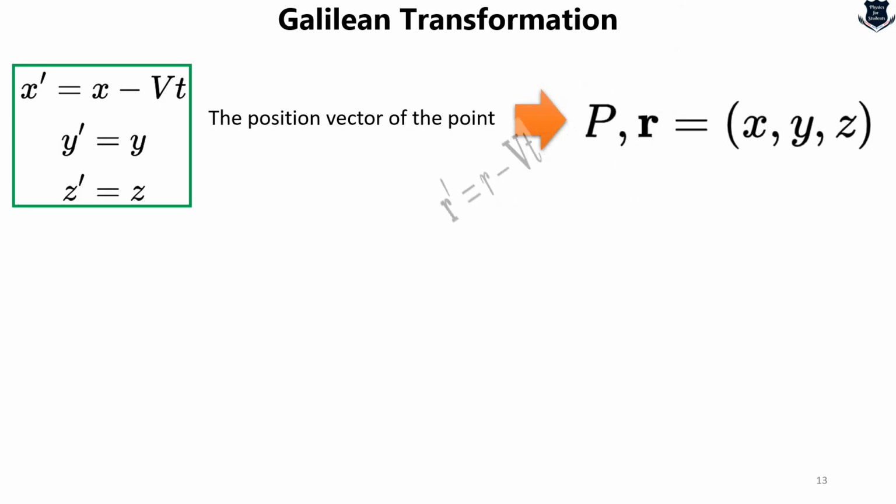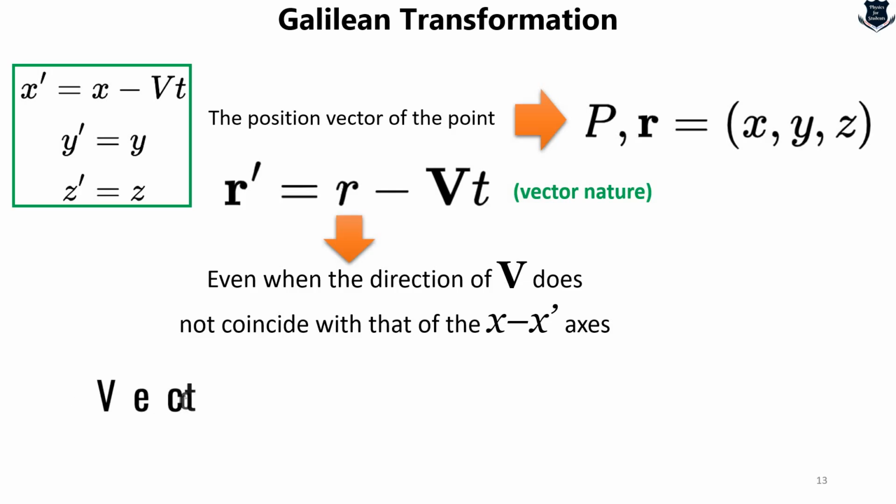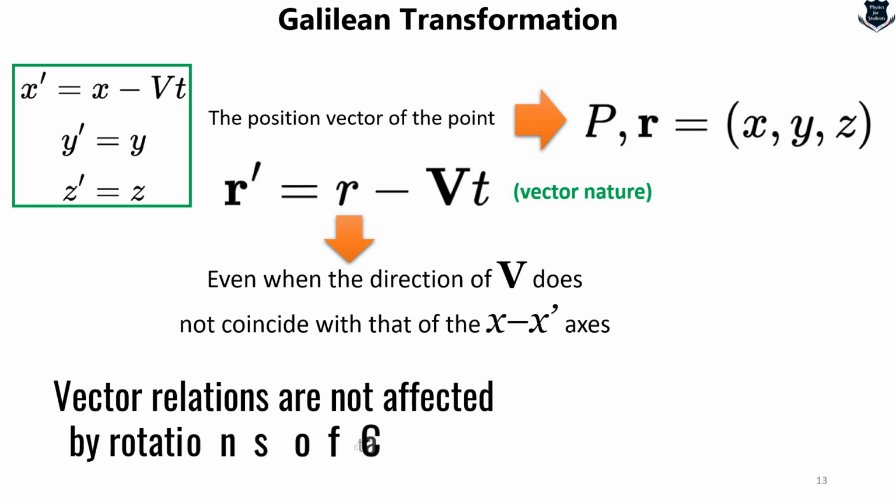And because this can be further written as this one, and this is a vector equation, vectorial in nature, it is even valid when the direction of v, the velocity, does not coincide with the x or x prime axis. So in fact we can say that the vector relations, this is very important, are not at all affected by rotation of the Cartesian axes, and that gives us a nice tool for calculations.